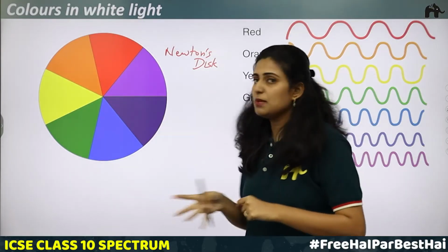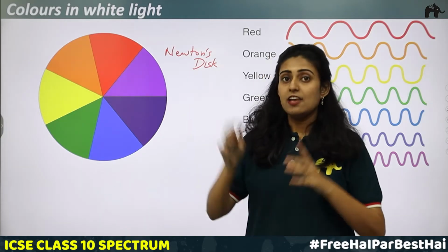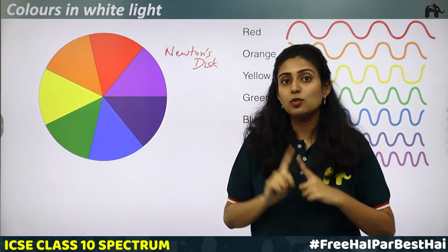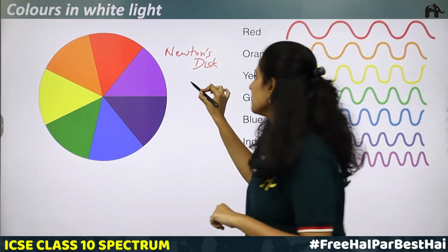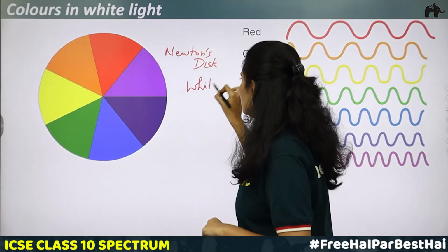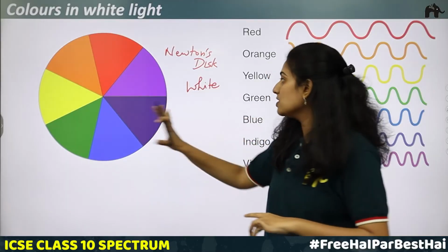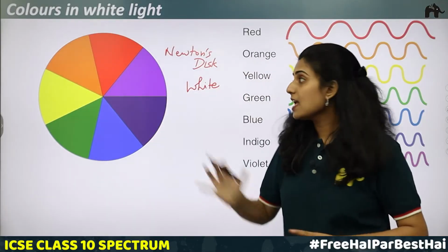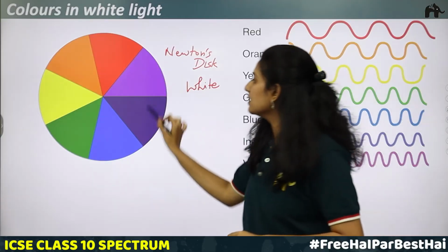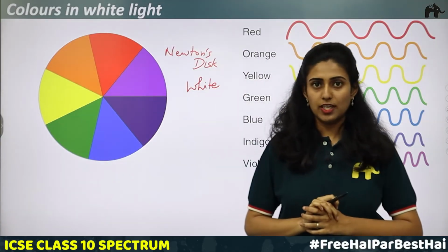At a maximum speed you have to rotate this disc. When you rotate this disc, you will be able to see a color, and this color is white. So when this disc rotates at the maximum speed, you will see white color, which means white color is made up of 7 different colors.